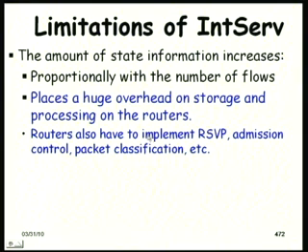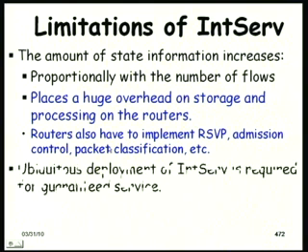And then the present routers throughout will have to implement RSVP, admission control, packet classification, etc. So, it would be difficult to implement, isn't it? Because not only are there large amounts of information to be stored depending on how many real time connections are to be supported, but also you will have to change all the routers now. They have to implement RSVP, admission control, packet classification, etc.